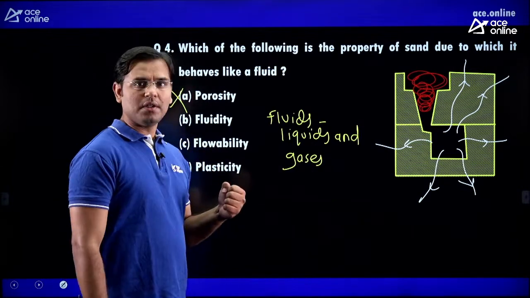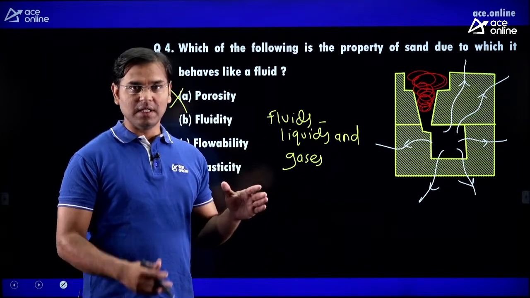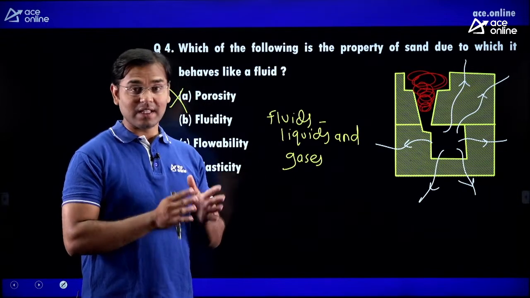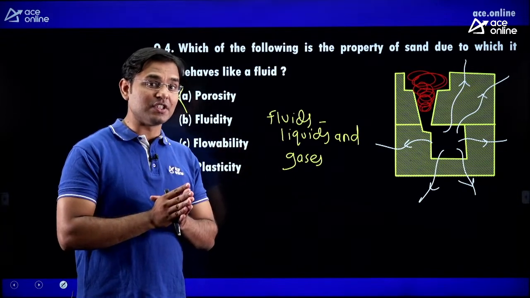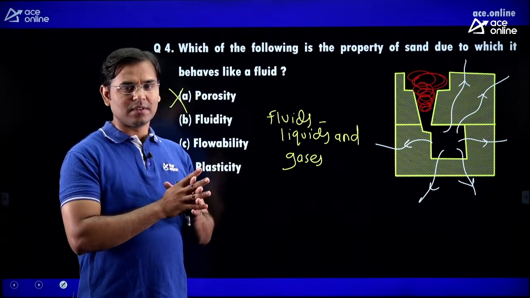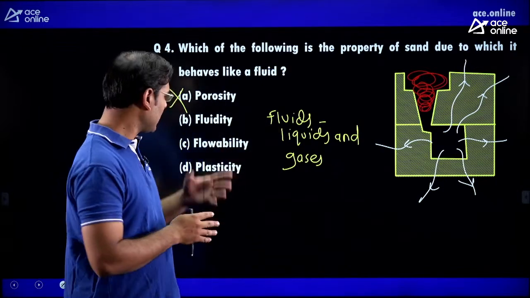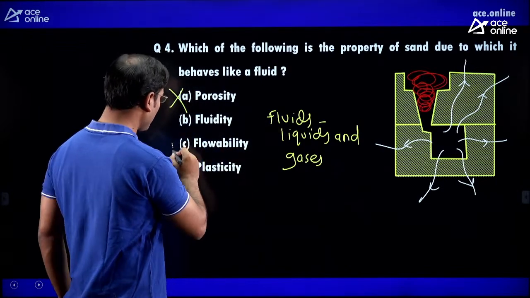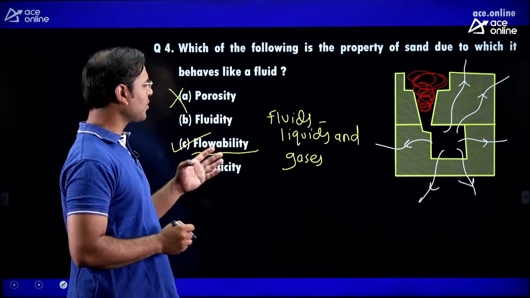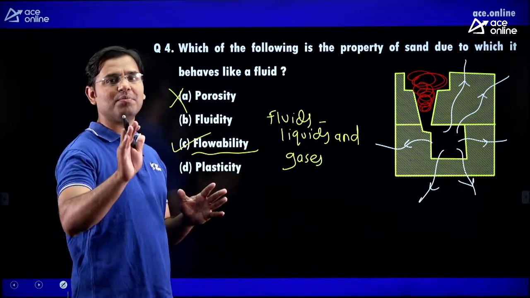That is possible only when we add water to the molding sand. If we add water content to the molding sand, then it can reach the complex shaped pattern, every corner, and that property is known as flowability. Fluidity is the property of fluids and liquids, but flowability is the property of molding sand.